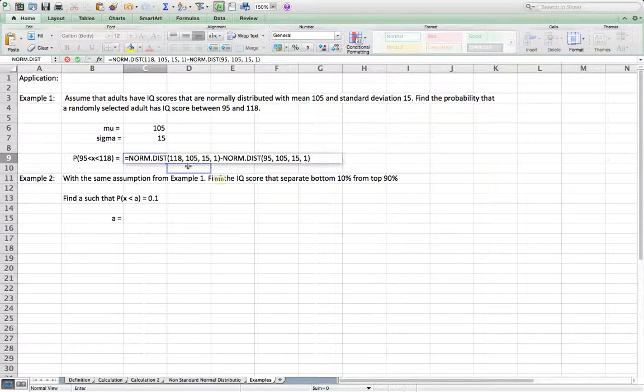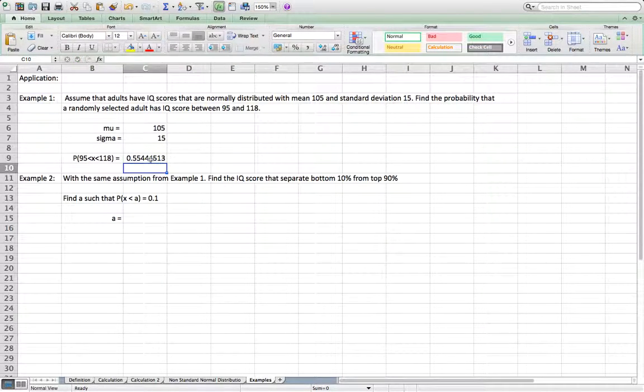Of course, you can always change the 105 and 15 to cell references. So 55.44% of adults have an IQ score between 95 and 118, or you can say a randomly selected adult has a 55.44% chance to have an IQ score between 95 and 118.